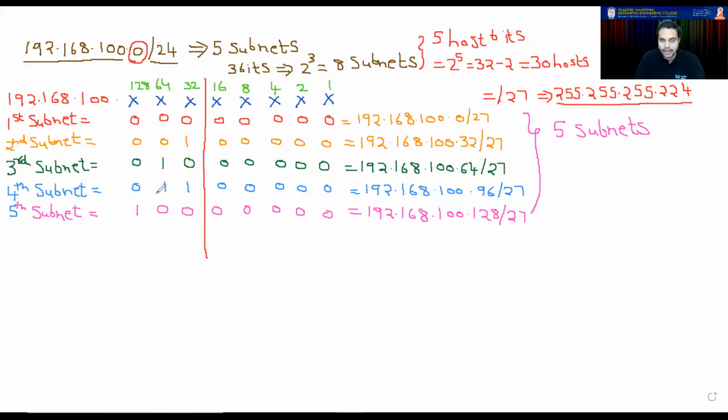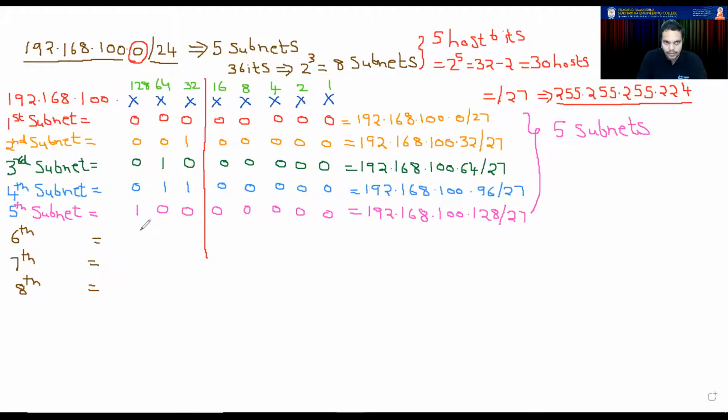But as I have taken 3 bits, I can still go on with this subnetting until I have used all of them. Let me write these remaining 3 in another completely different color so that you can identify them. I can go for the 6th subnet, the 7th subnet, and then the 8th subnet. For these, I need to get the bit positions.